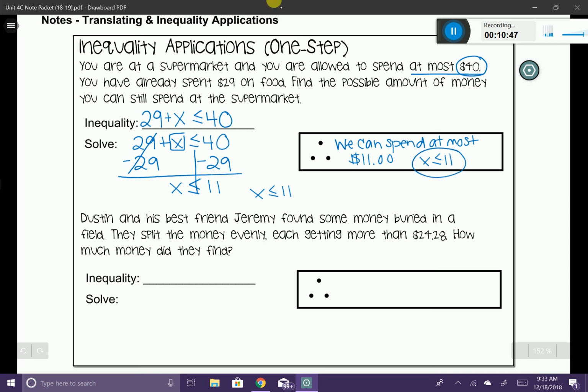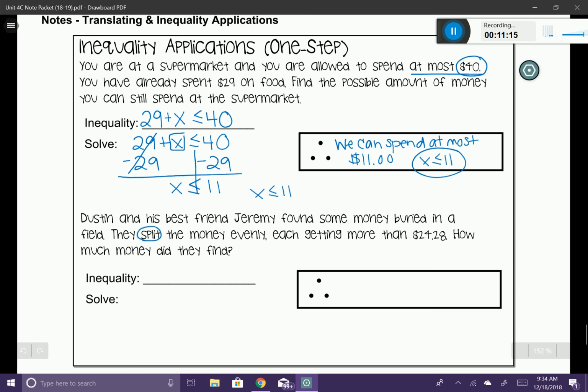All right, let's look at another one-step inequality. Dustin and his best friend Jeremy found some money buried in a field. They split the money evenly, each getting more than $24.28. How much money did they find? Let's see if we can come up with an inequality. In the first sentence, it says that they found some money in a field, and then they split the money. See the word split?